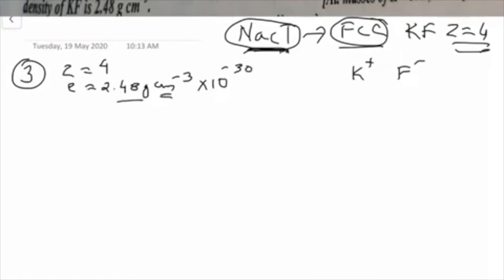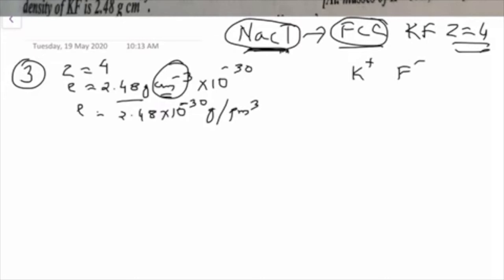In fact, I am dividing by 10 to the power 30, so if I take it up, it becomes 10 to the power minus 30. So density now we can write is equal to 2.48 into 10 to the power minus 30 gram per picometer cube. Now we have converted the centimeter cube into picometer cube.